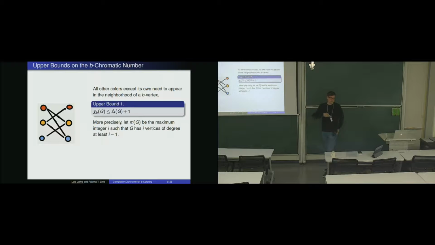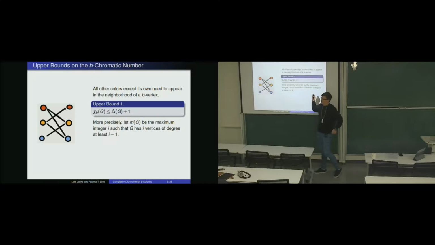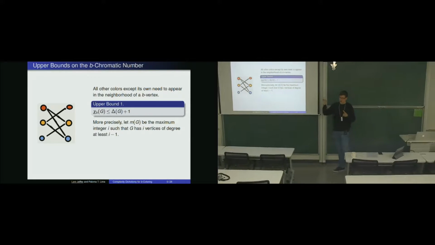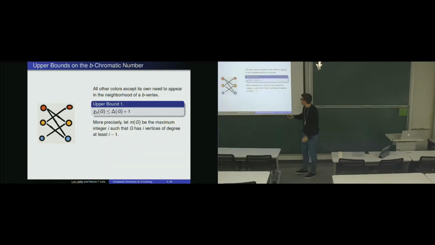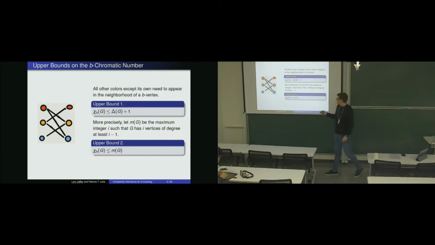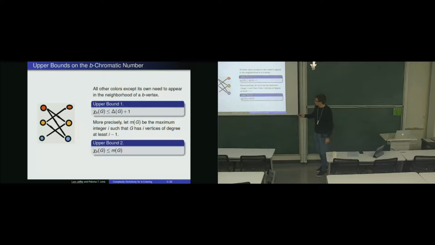So this is precisely saying that the m-degree describes the maximum number of colors in any b-coloring of the graph, because you need these vertices that see all the other colors. Right? Okay, so this is the second upper bound. The b-chromatic number is upper bounded by m of G.